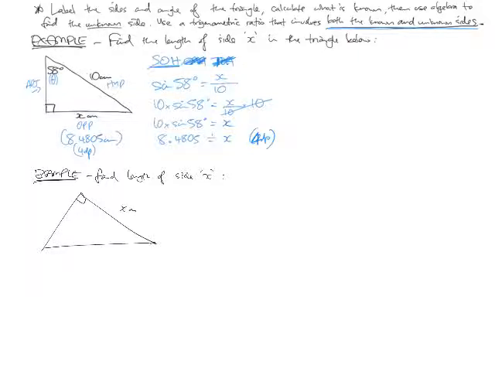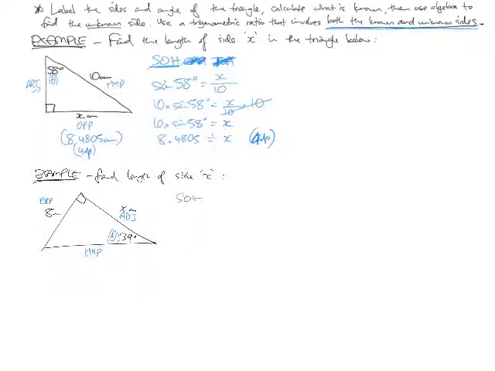X meters on that side, 8 meters on this side, 39 degrees here. So theta is the angle that we're given. So 8 meters is opposite to that. This bottom side here is the hypotenuse because that's opposite from the right angle, and this x must be adjacent.